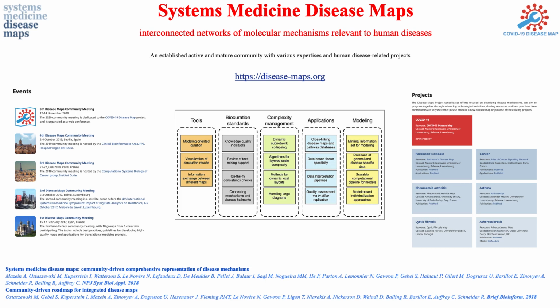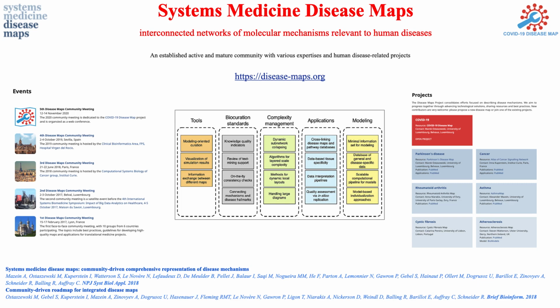The entry point was the Disease Map community, mastering various tools and applications to study molecular mechanisms of different human diseases. A number of teams in the community initiated the COVID-19 Disease Map project.